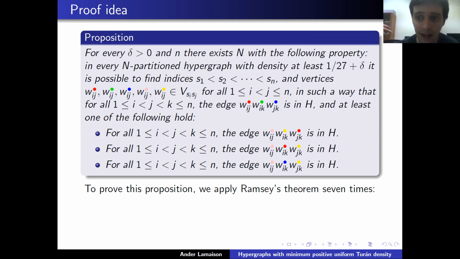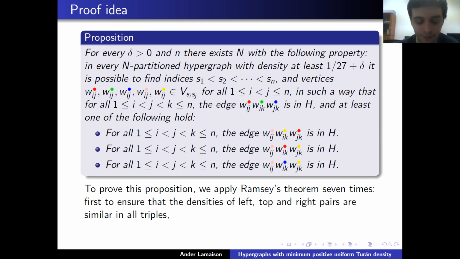And then the second application of Ramsey's theorem goes into the quadruples of indices. And actually, not quadruples, 5 tuples of indices. And it makes sure that all the intersections that we see are all of the same type. So in this application is where we decide whether we are always going to find the first type of edge, or the second type of edge or the third type.